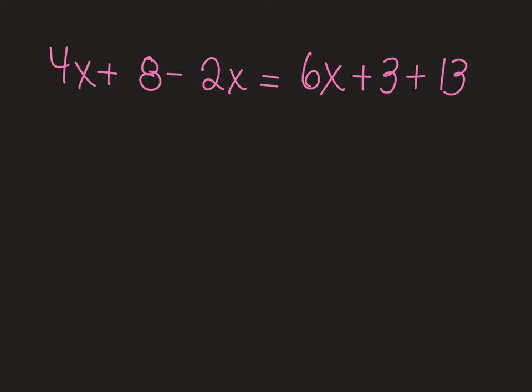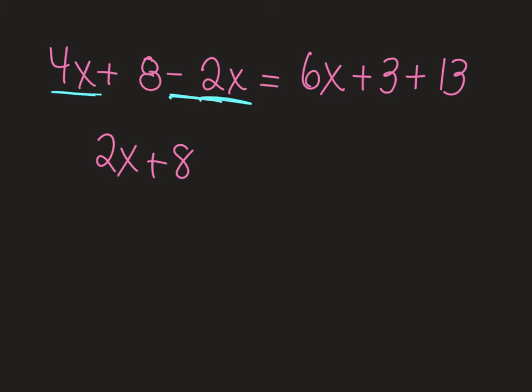Alright, let's look at this question. I don't see any distributive property, so I don't have to do that. But I do notice that I've got like terms on the left. Over here I have like terms on the right. So I need to add or subtract my like terms before I start singing the song. 4x minus, make sure you include that minus, 4x minus 2x is 2x.